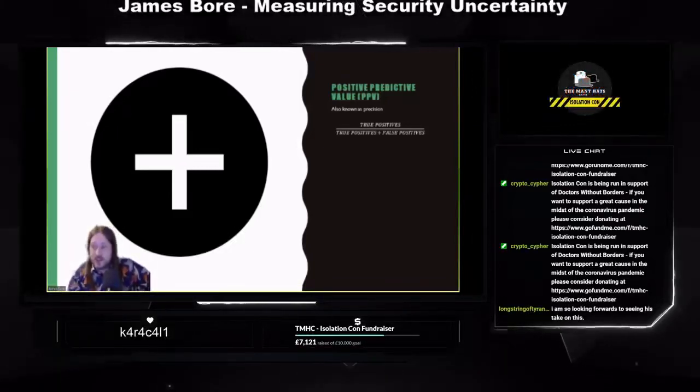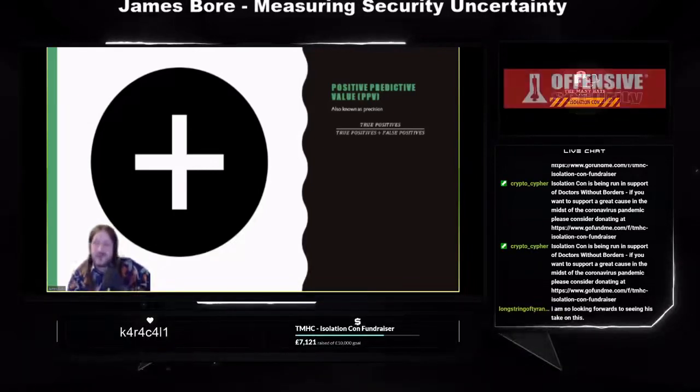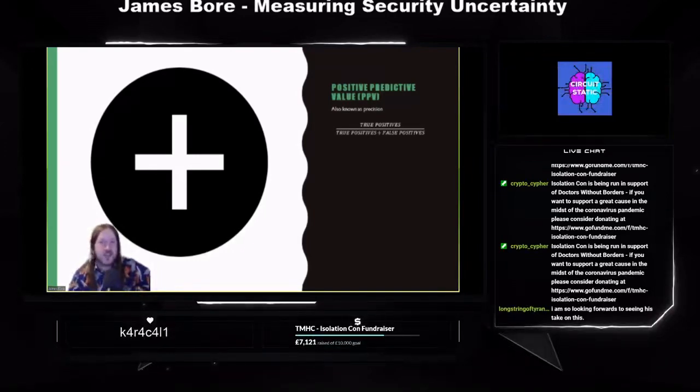And the true negative, or negative predictive value, which doesn't really have any other names that I've been able to find because people don't really use it. It's potentially a useful measure again, but negatives aren't of as much interest to us most of the time because they're telling us work we don't need to do.